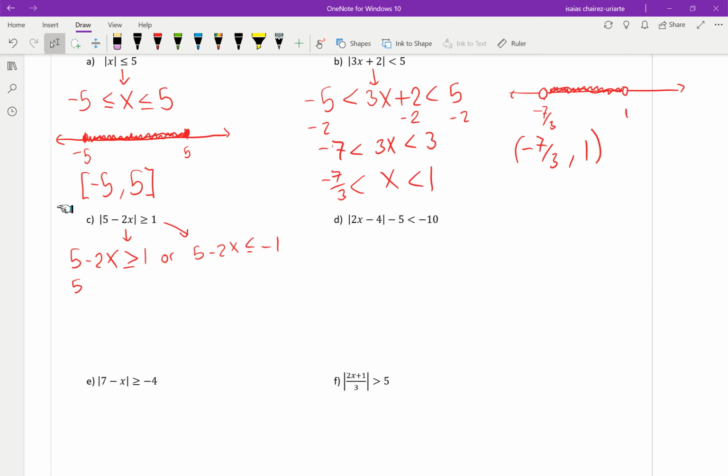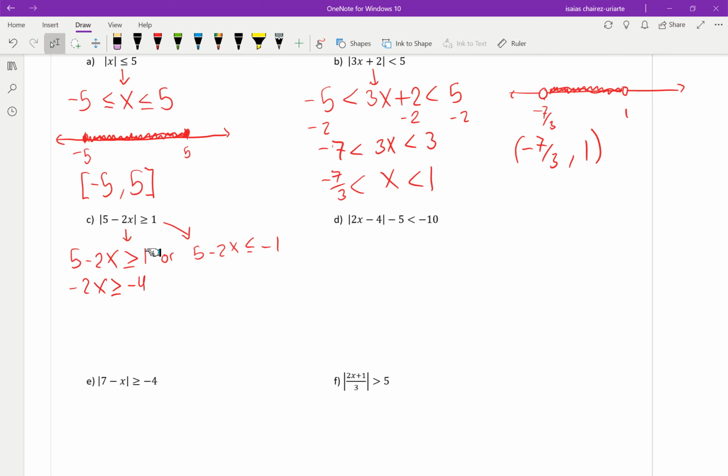So let me solve the left inequality first. I'm gonna begin by subtracting 5 from both sides. So then that says the following: negative 2x is bigger than or equal to negative 4.